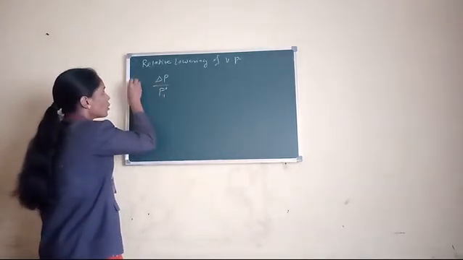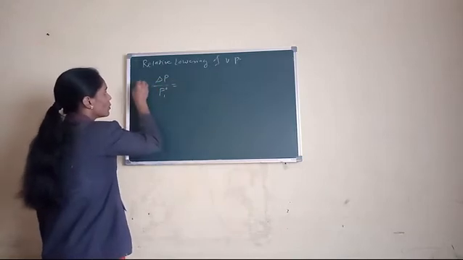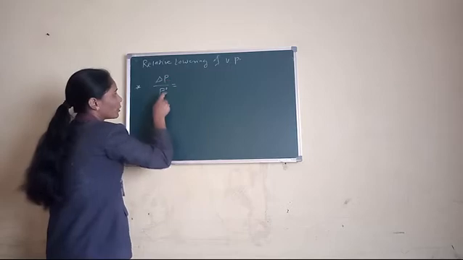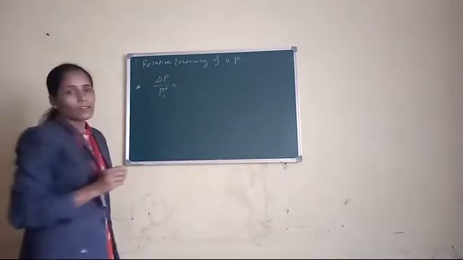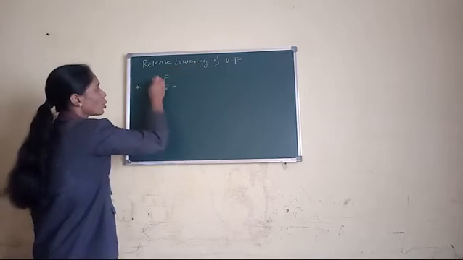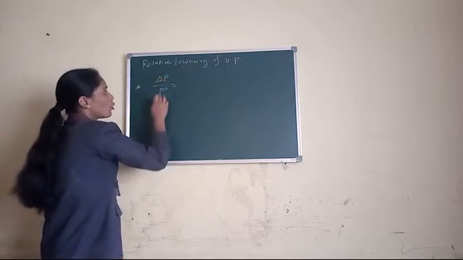Delta P is the lowering of vapor pressure, and relative lowering means the ratio delta P upon P1 naught.